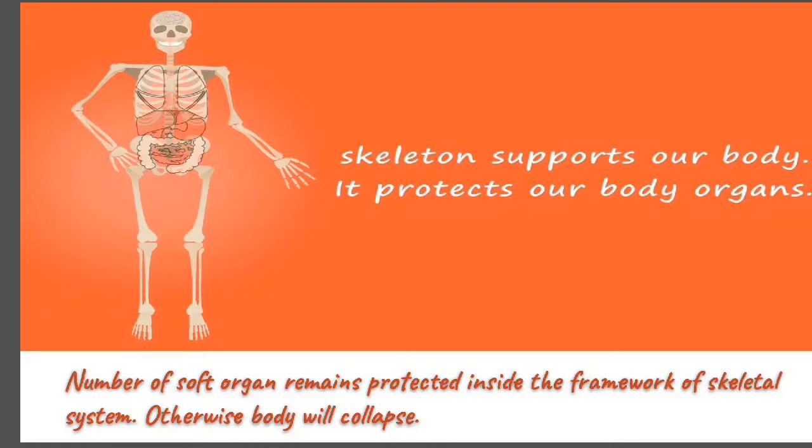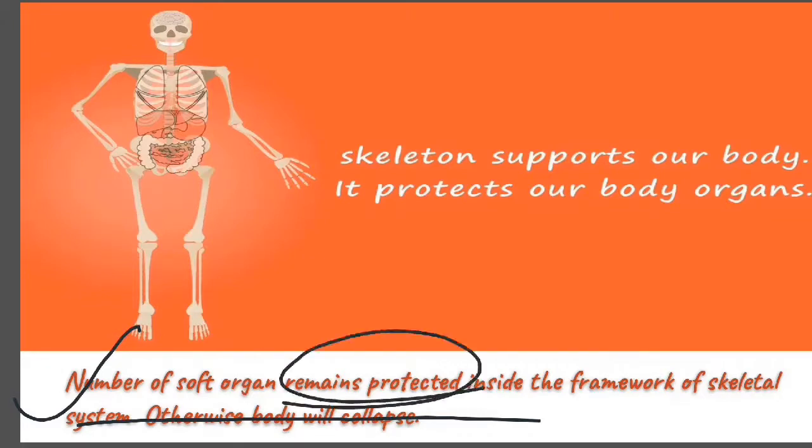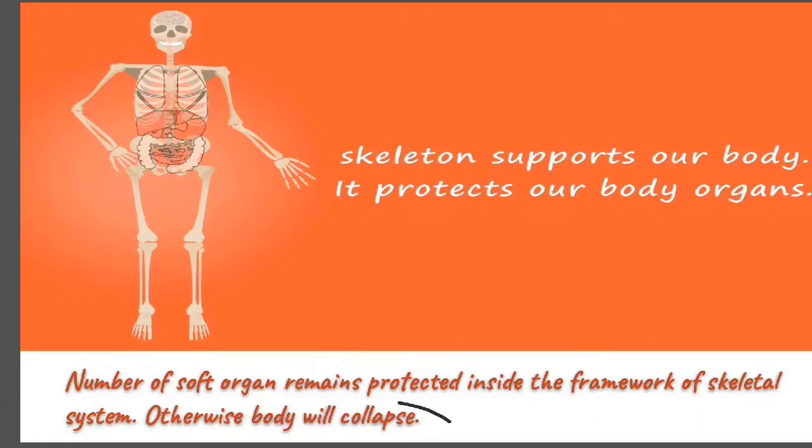That is why I have written here that a number of soft organs remain protected inside the framework of the skeleton system. Otherwise our body will collapse, meaning all things will get mismanaged. All the organs should be in their proper place and function properly.